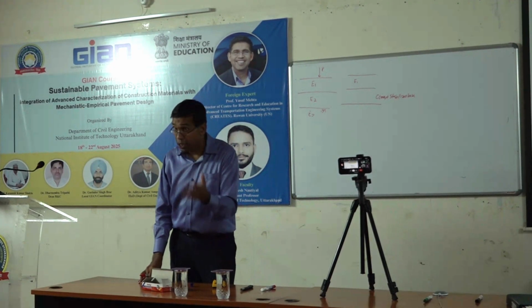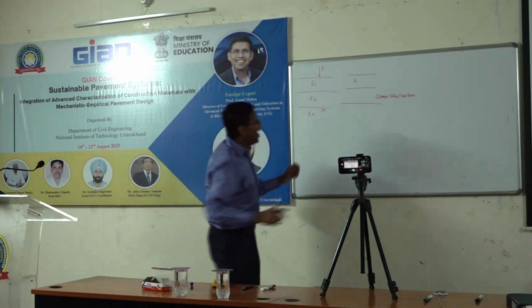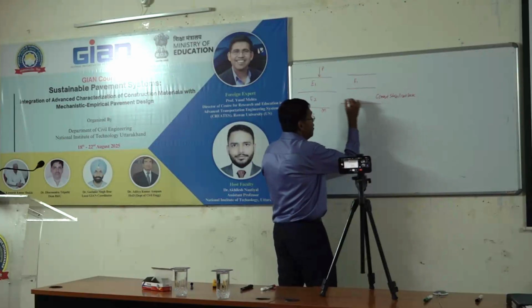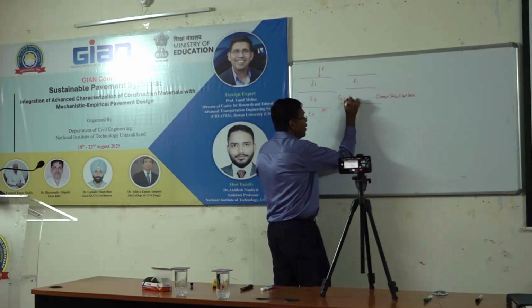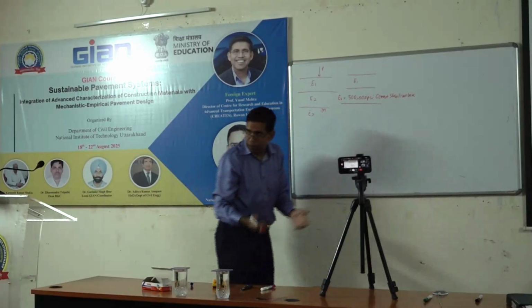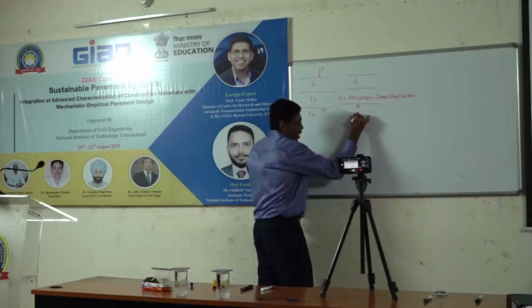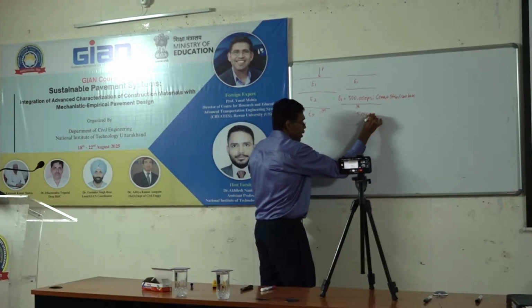Now that has a very high modulus, almost semi-concrete. And you will get, let's say, E2 of 500,000, compared to 20,000. Very simple. And now the subgrade is going to be the same, 5,000. Let's put the same number.